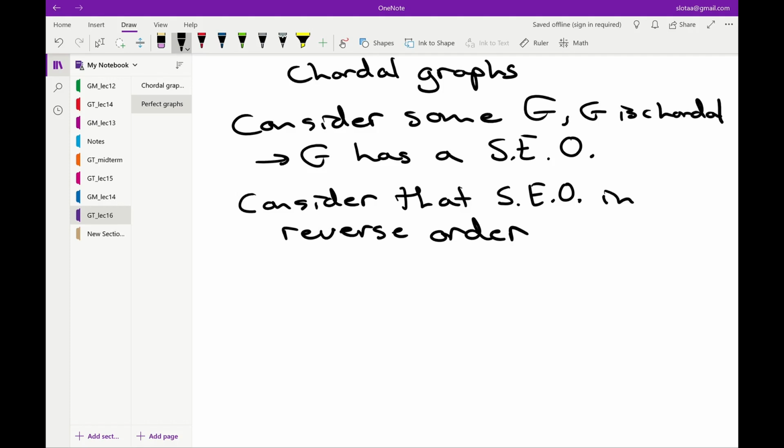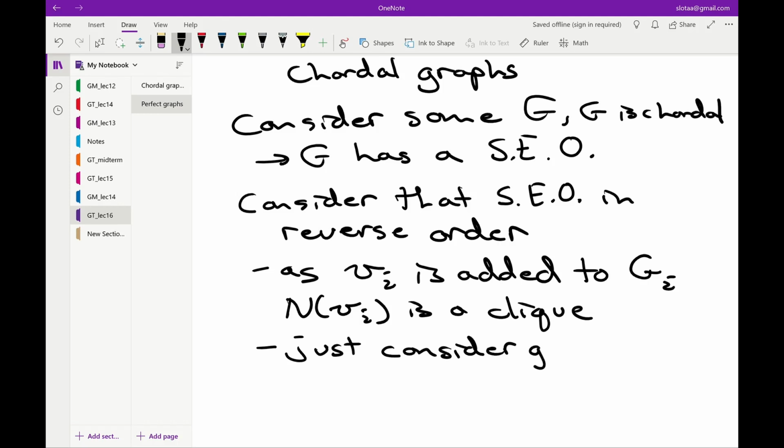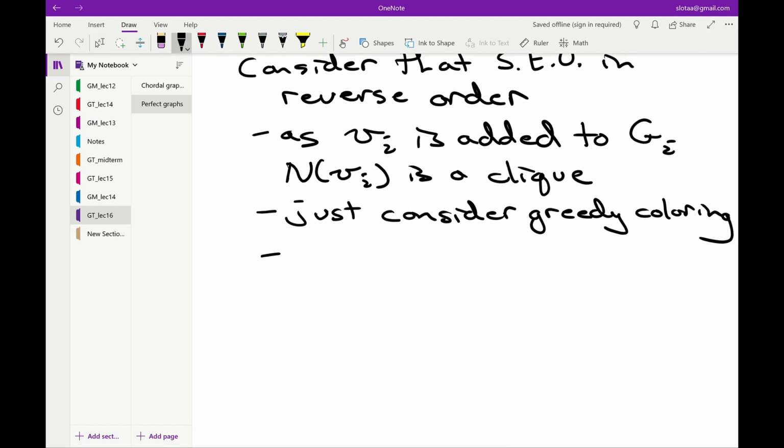So if we consider that simplicial elimination ordering in reverse, as some v_i is added back, creating that G_i, the neighborhood of that v_i is a clique. And then from here, we can just consider greedy coloring. What does that mean?